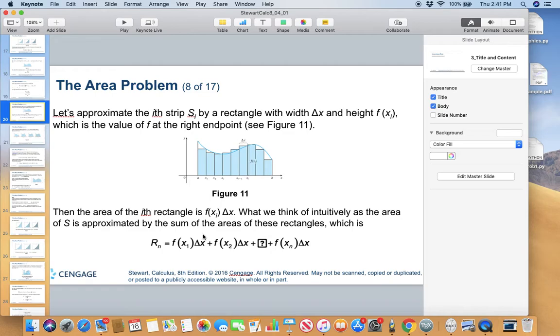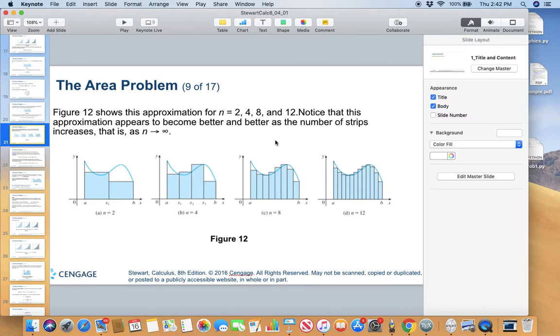So f(x1) times delta x for the first rectangle, f(x2) times delta x for the second, and going on to f(xn), the last one, the height at b, times delta x. The same width for everyone.